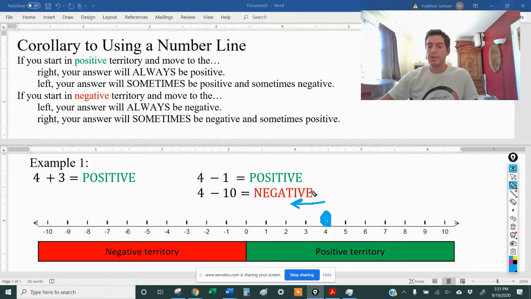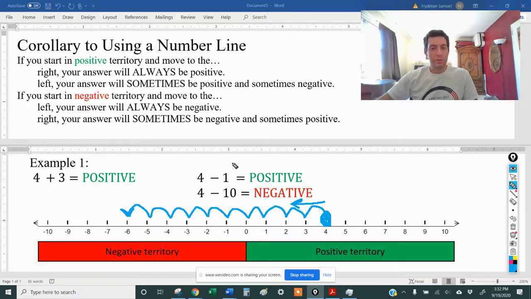But it's also possible to get a negative answer. So if we start at positive 4 and then go 10 spaces to the left, 1, 2, 3, 4, 5, 6, 7, 8, 9, 10, we're going to end up in negative territory. In this case, we end up at negative 6.